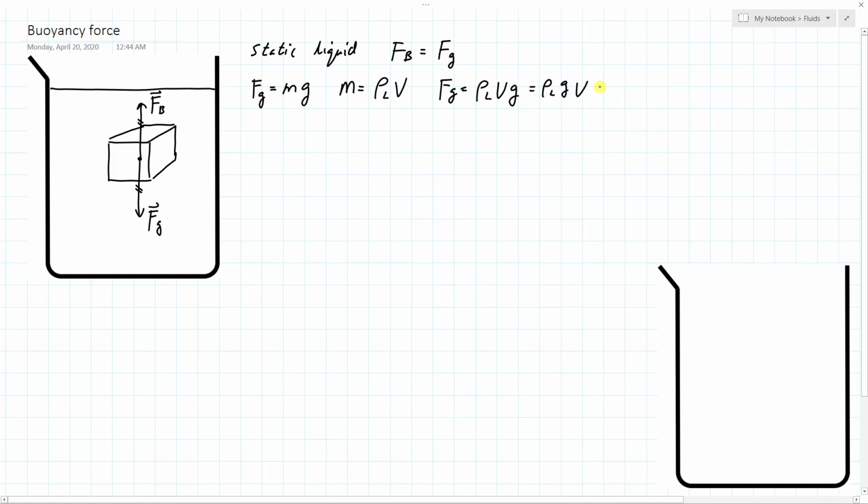So this is equal to buoyancy force. So we conclude that buoyancy force is equal to liquid density, gravitational constant, and volume.